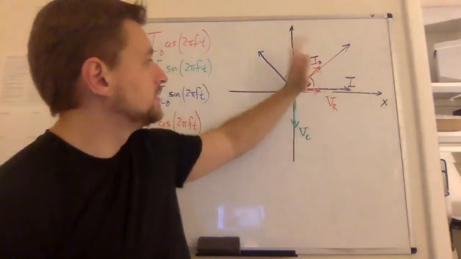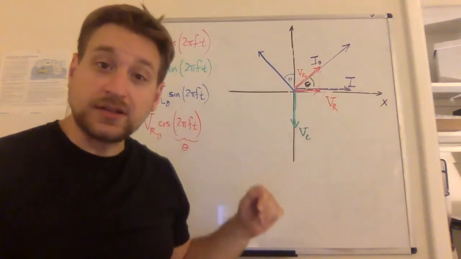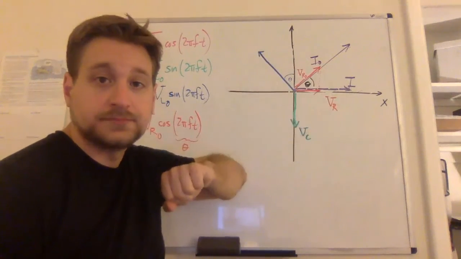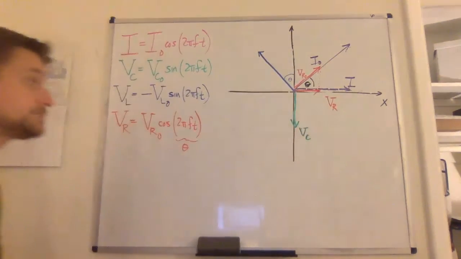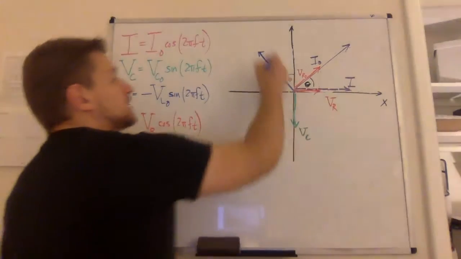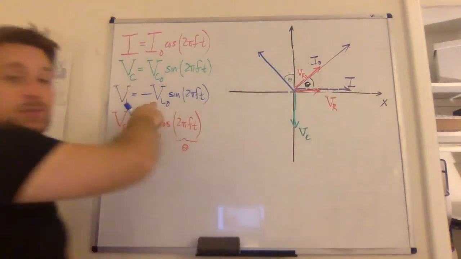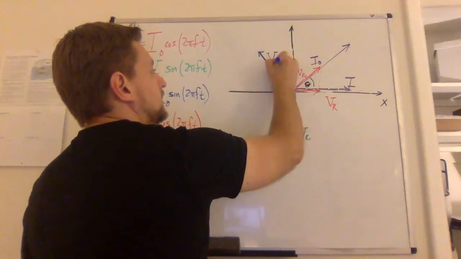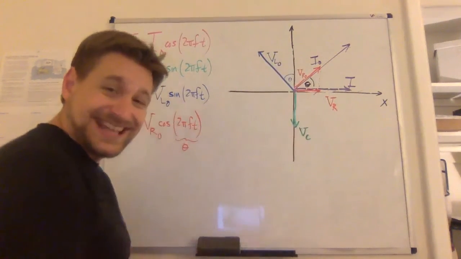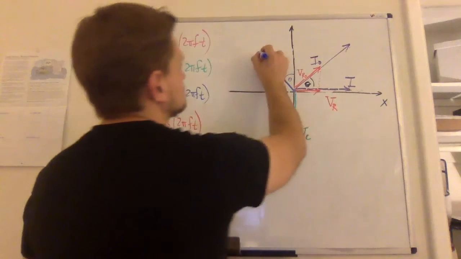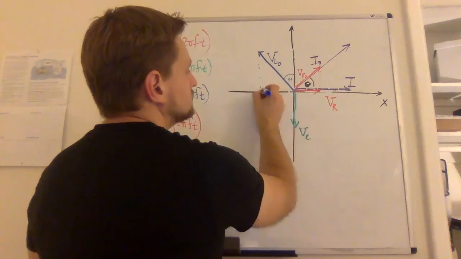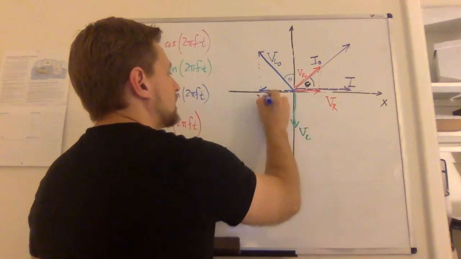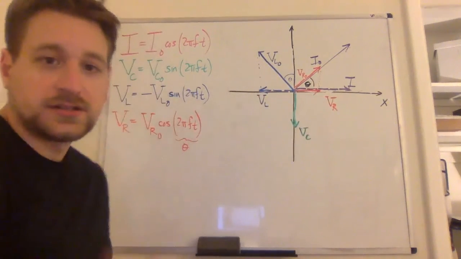Notice that the current and the voltage are still perpendicular because the voltage leads the current by 90 degrees, a quarter period. The length of this arrow is the amplitude, VL0. Its x component is the voltage across the inductor at this instant.